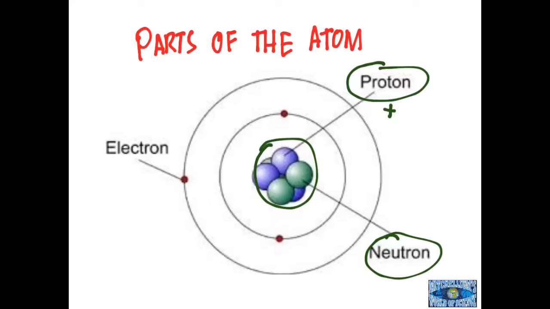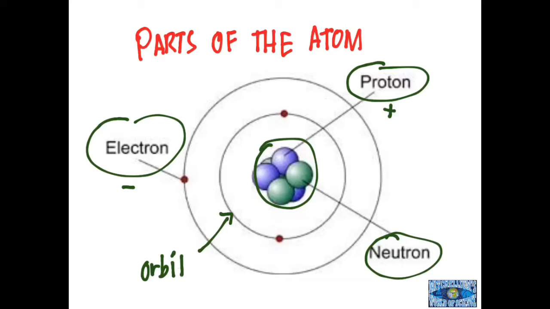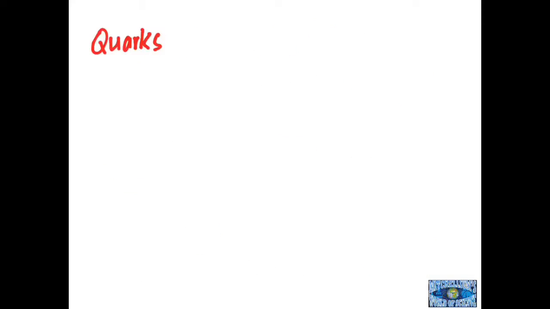So this is the nucleus, and outside the nucleus we have the electrons, the negatively charged particles that are orbiting. So this is an orbit around the nucleus. So these are the basic parts of the atom.